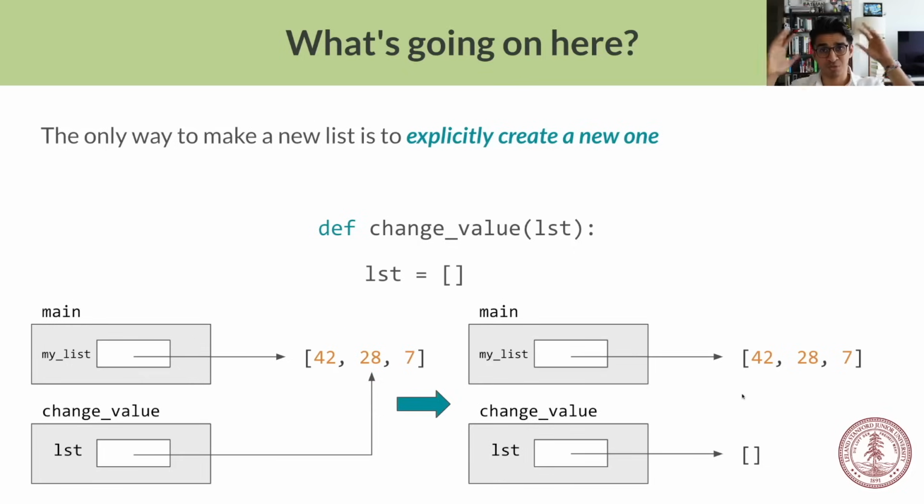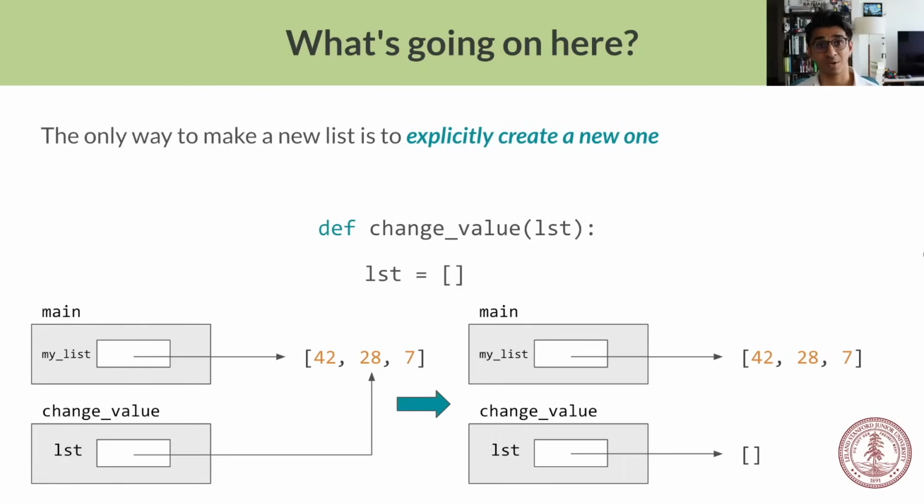To use our tenuous airport metaphor, this is the same as saying that main and change value both have a luggage tag pointing at the same suitcase, but then change value goes ahead and buys a new suitcase at the airport for some reason and replaces the description of its suitcase with the description of the new suitcase. So now main is still talking about the old suitcase, and change value is talking about the brand spanking new suitcase. So even if change value puts something in the new suitcase, main is still going to be looking at the old one.